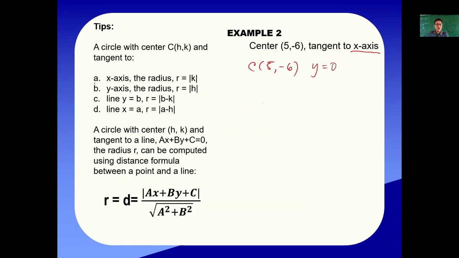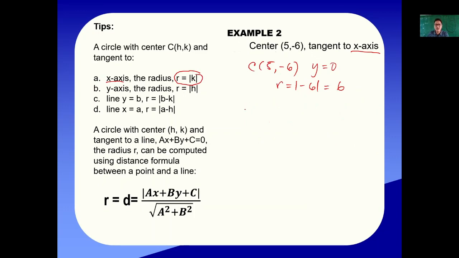Stated here, if the circle is tangent to the x-axis, the radius is equal to absolute k. Therefore, our radius here is absolute negative 6, or equal to 6. Nakuha. Bakit hindi naging negative? Kasi naka-absolute. Kapag naka-absolute ang isang equation or expression, that is always positive.